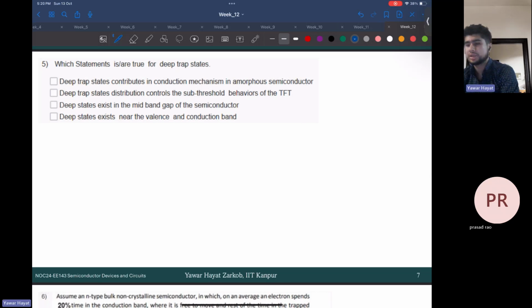which is the following. Which of the statements is or are true for your deep trap states? So again, multiple options could be correct. Which options do you think are correct with regards to deep trap states?